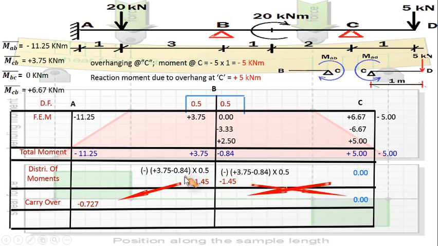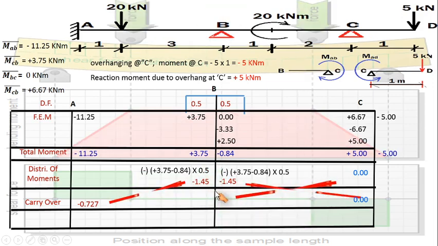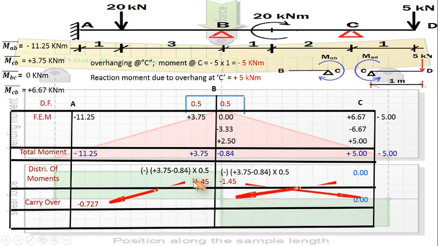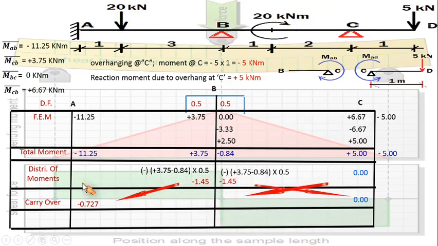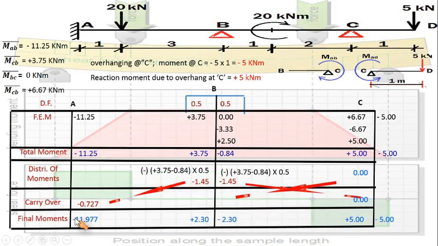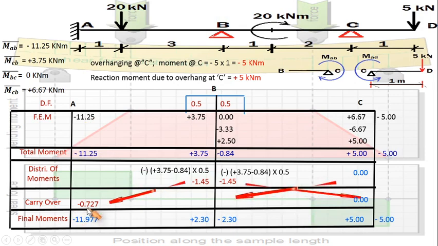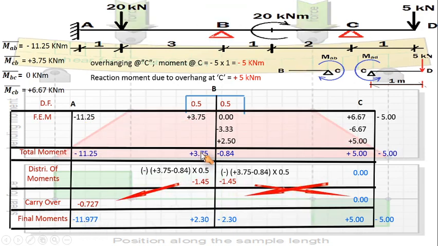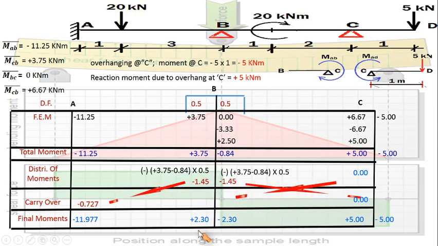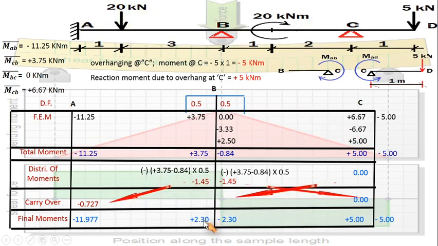Is it okay? That signifies that no more moment distribution is required, and once we conclude no more moment distribution is required, we can do the algebraic summation to find out the final moment. So doing the algebraic summation here, I got the final moment minus 11.97. Doing the algebraic summation of the moments about this point, plus 3.75 minus 1.45 comes out to be equal to plus 2.3.